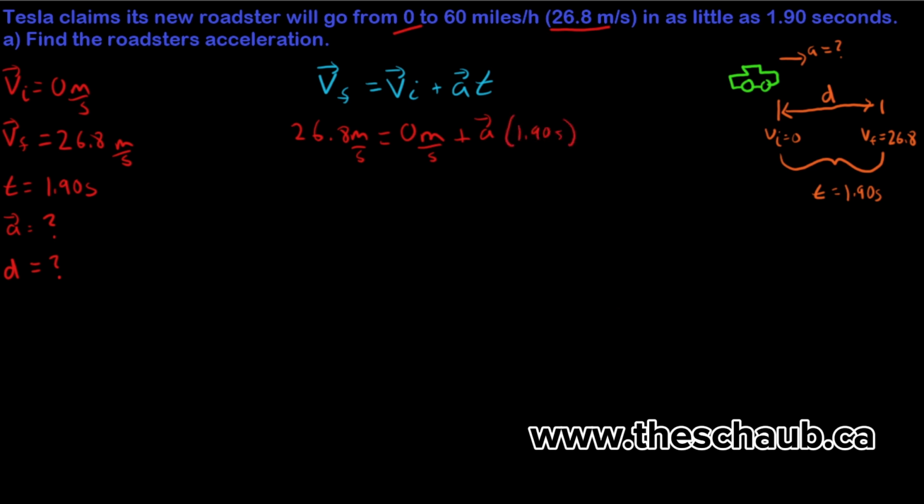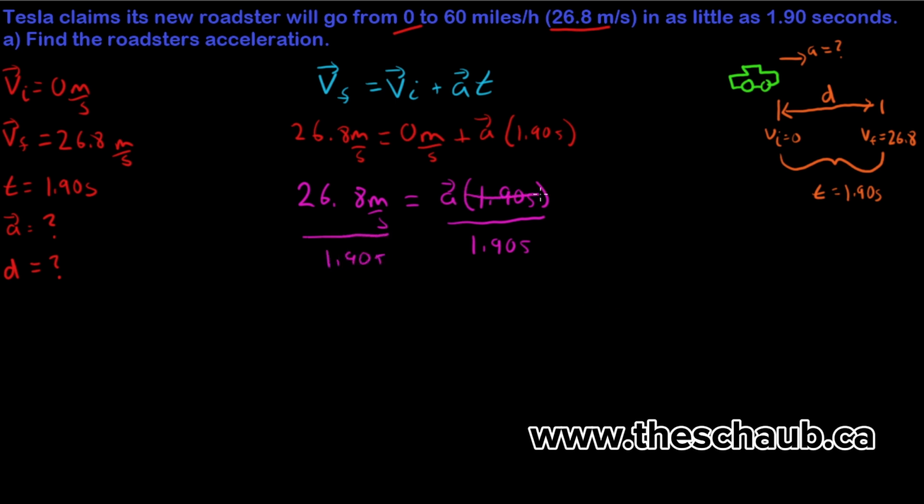And now we're ready to solve for our A using algebra. So let's first rewrite this without the 0, because it just makes it look more complicated than it really is. So 26.8 meters per second equals acceleration multiplied by 1.90 seconds. The 1.90 seconds is multiplying the A, so we have to apply the opposite to get A all alone. So we divide both sides by 1.90 seconds, because 1.90 seconds divided by 1.90 seconds is 1.